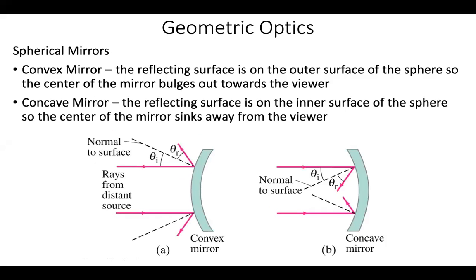The convex mirror is an outward curve. So the mirror surface is on the outward side of the curve, assuming the object's here on the left. And for a concave mirror, again the object's here on the left, the mirror surface is on the inside of the curve.